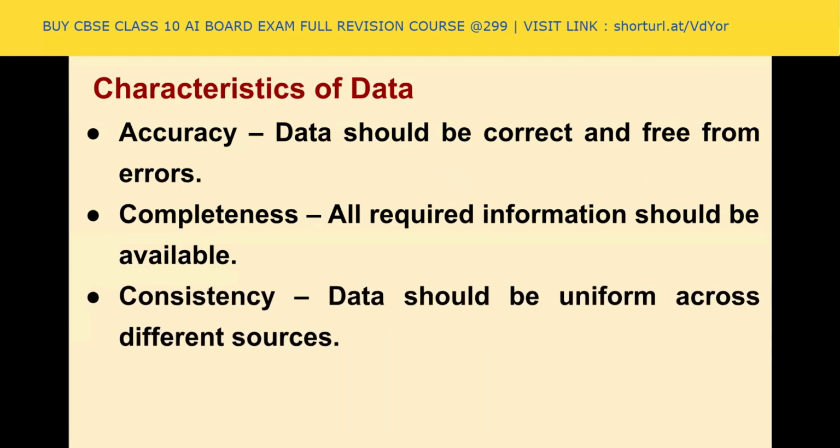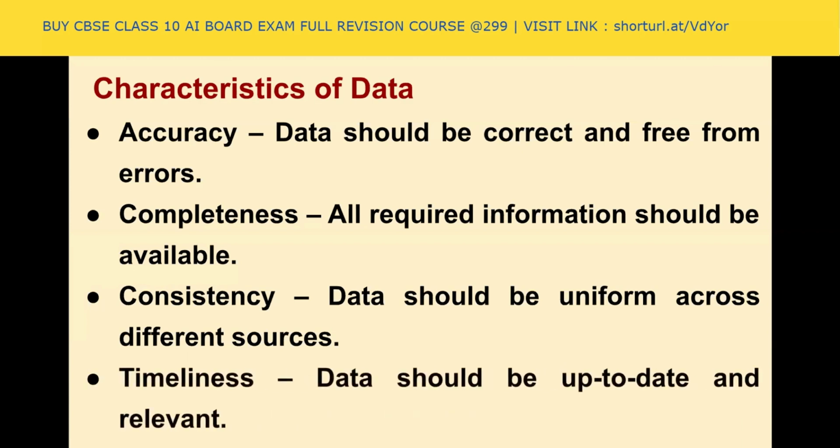And consistency: sometimes the data is not updated properly, so we need to see that the data is consistent, meaning it is uniform across the different sources. And timeliness: it should not be a very old data that we are using for the AI project, because obviously things have changed. Maybe the monetary values have changed.